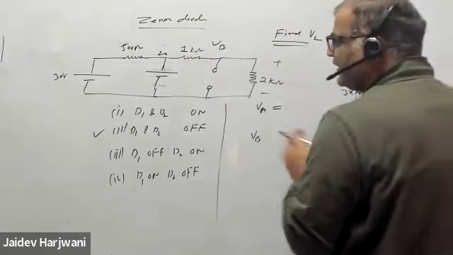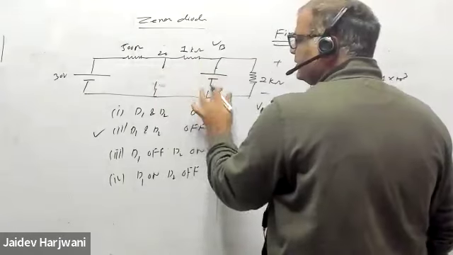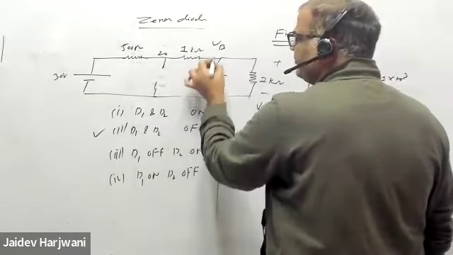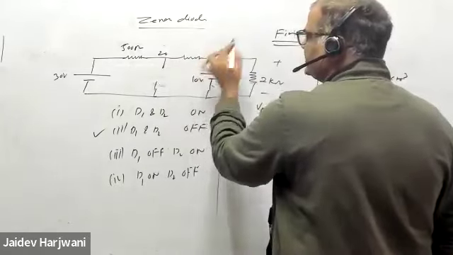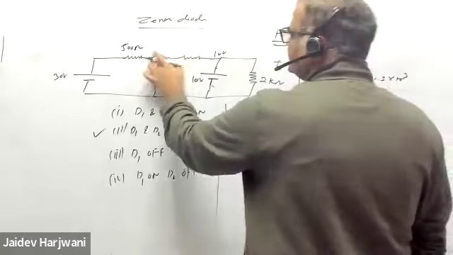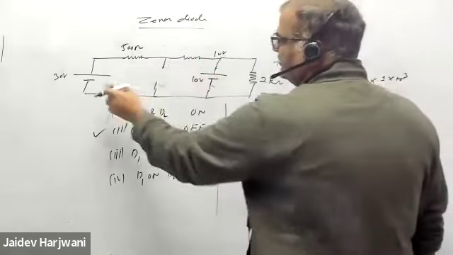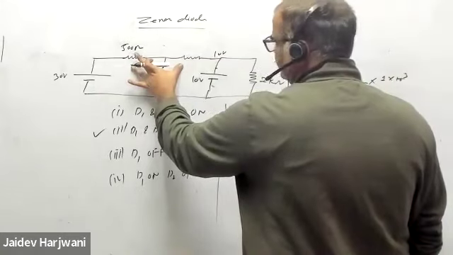Okay, and the third case is I say this is on, so here voltage is 10 volt. So now if this is 10 volt, remember out of 30, 20 will be distributed here.